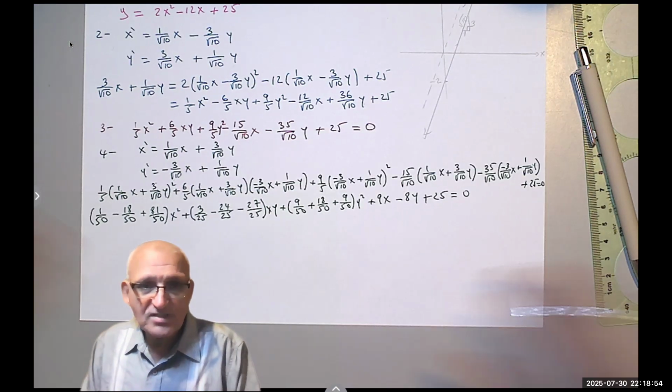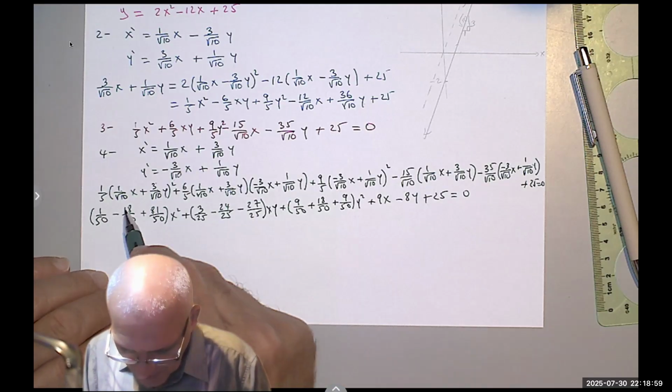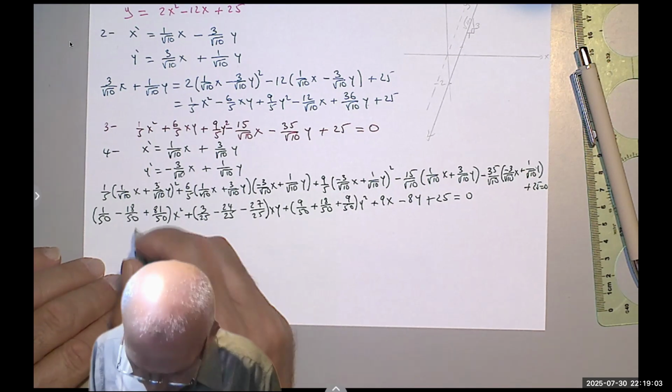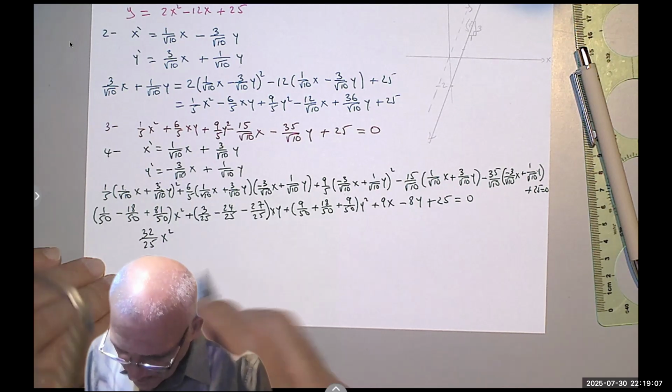Let's just add everything. 81 and 1, 82. 82 minus 18 is 64. Simplify by 2, you get 32 over 25 x squared.